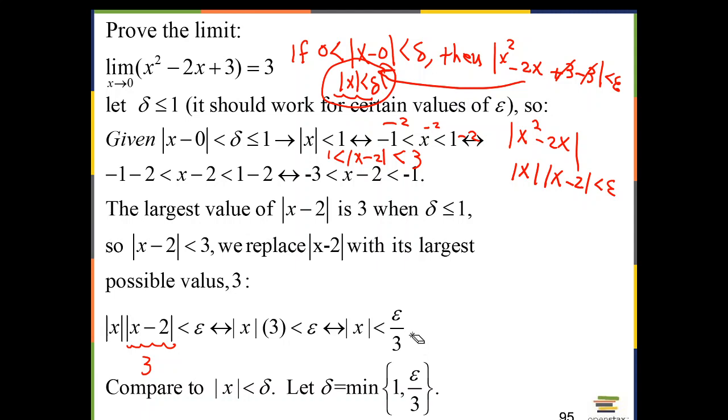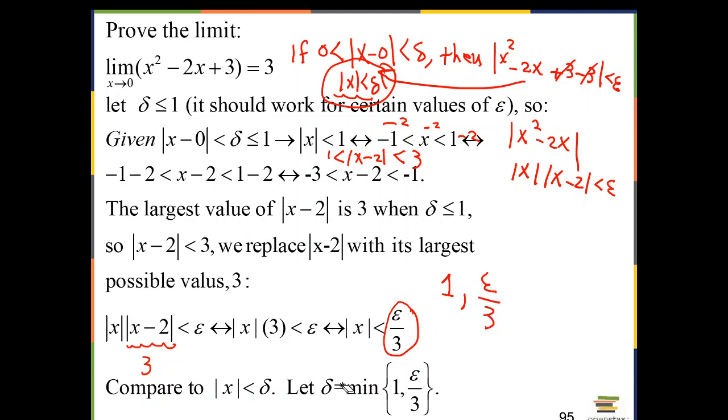If you compare that, you see that your delta has to be epsilon over 3. But, again, it depends, because remember, we started with delta equal to 1, right? So if we get whatever value of epsilon, should we stick to our value of delta? No. So delta is 1 or epsilon over 3 if this one is smaller, right?